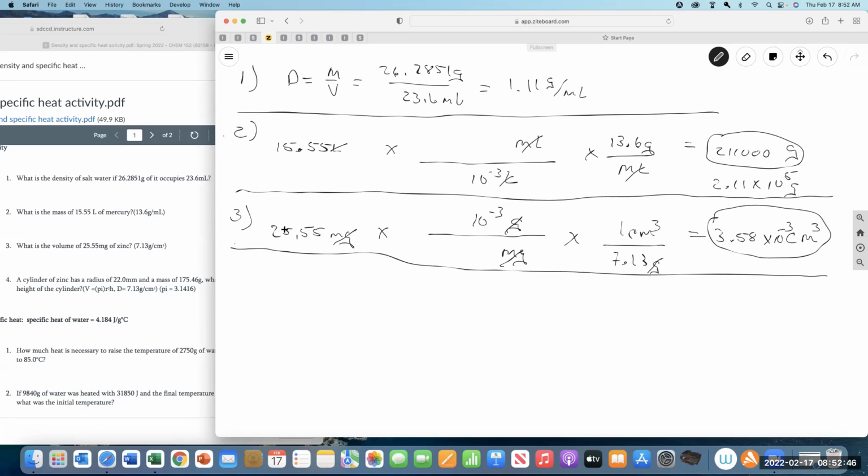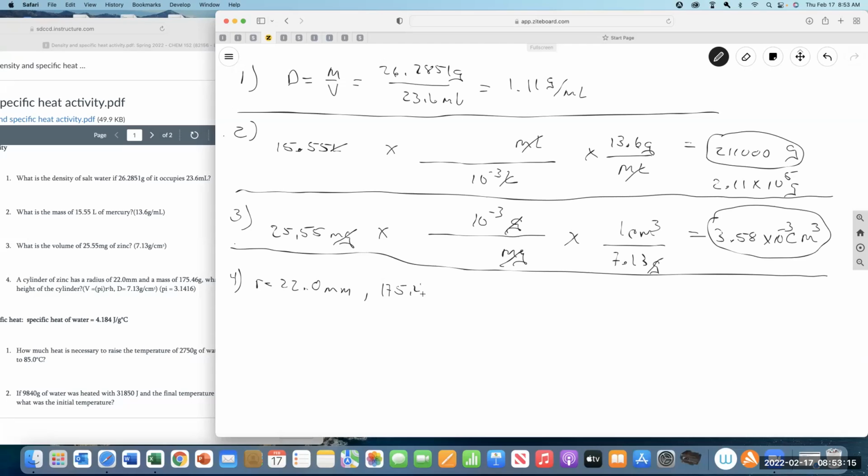All right, number 4. Number 4, I wrote the word pi in here only because when I convert this to PDF, sometimes it doesn't like the symbol. So number 4, I'm going to clean it up a little bit. So we have a radius of 22 millimeters. We have a mass of 175.46 grams.